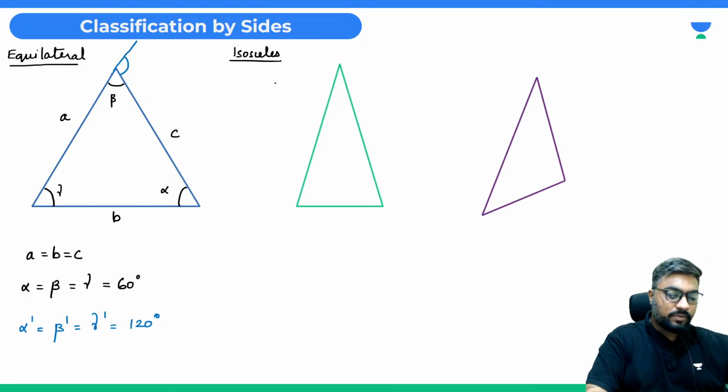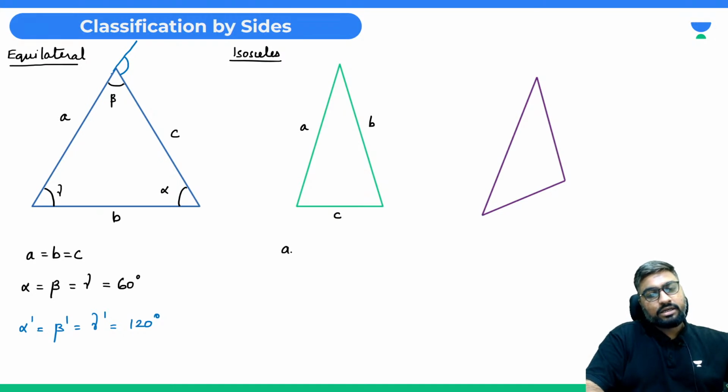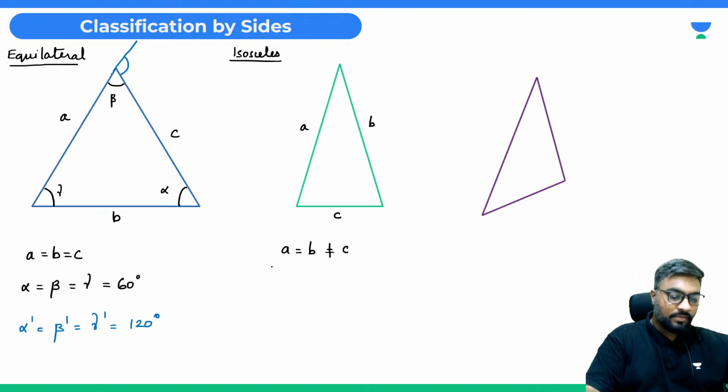Isosceles triangle is what? It's almost an equilateral triangle, but only two sets of sides will be equal, the other won't be. Yeah. For example, if I take A, B and C in an isosceles triangle, A and B could be equal, but C won't be equal. A and B will be equal, C won't be equal.